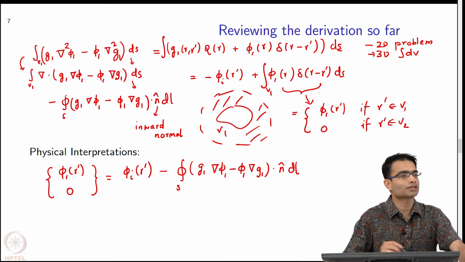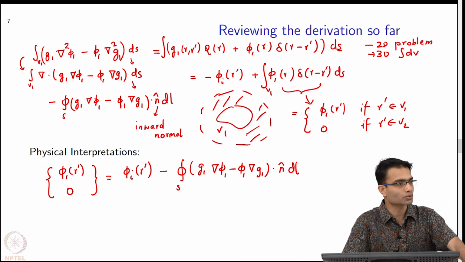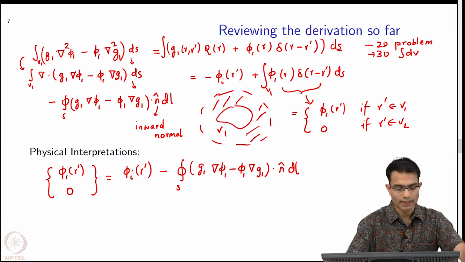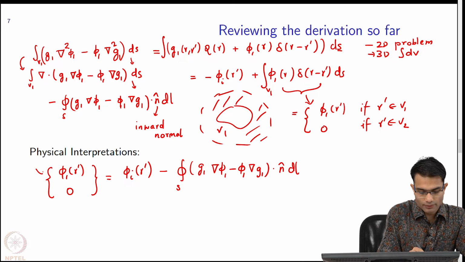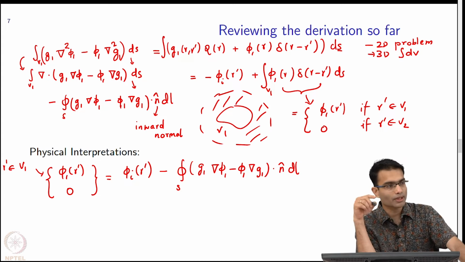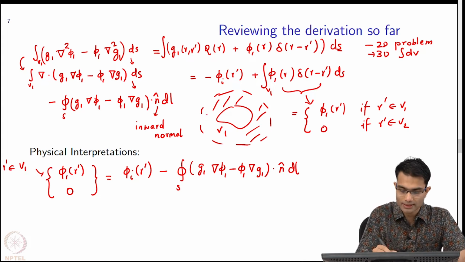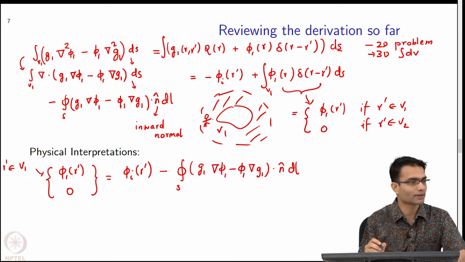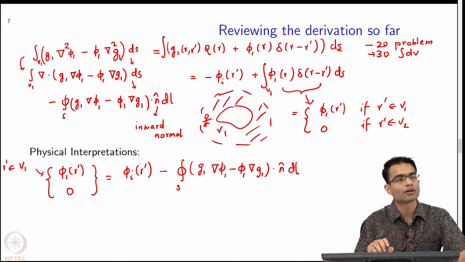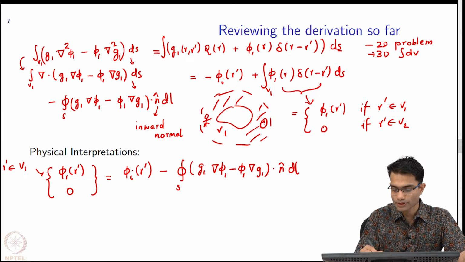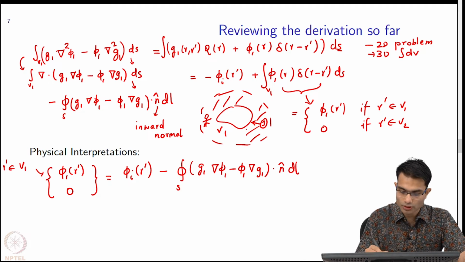Okay. So now let's try to give a physical interpretation to these equations. Let's take the first case, when r prime belongs to V1. What is it saying? Let's say there is some observer standing over here in V1, and the source was over here. There is a field that is emitted by the source. This field is going to get scattered by the object in all possible ways.